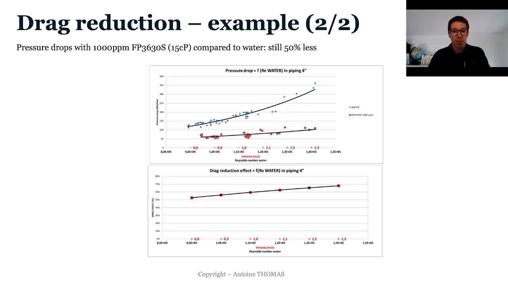If it's not measured, it is something very important that will mathematically condition your injectivity, based on a formula that I've shown in the previous slide. So it's very important to understand this phenomenon when you want to get your injectivity right, because it might be very surprising at the beginning when you start polymer injection.